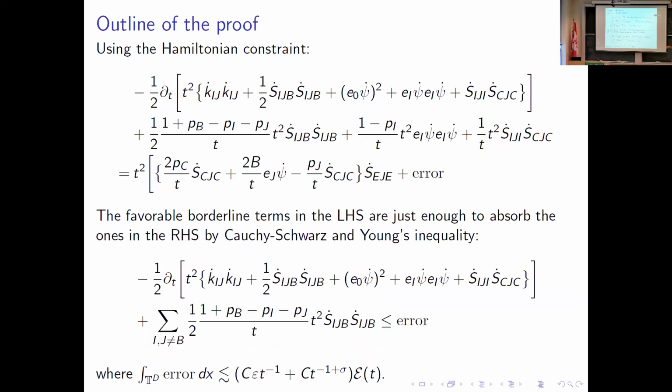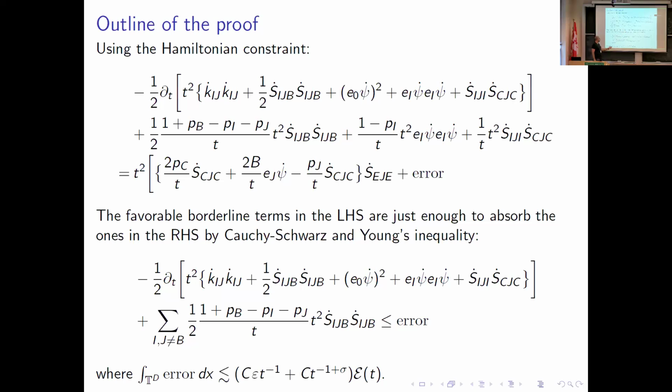Okay, so what you're left with is the top identity. So now we've narrowed it down to only this. And it turns out that this can be absorbed exactly. If you do Cauchy-Schwarz and Young's inequality, and you use the algebraic identities for the squares of the Kasner exponents, you barely absorb, with equality, the terms on the right-hand side with the ones on the left.